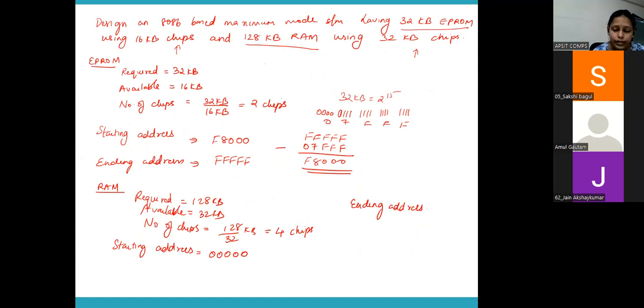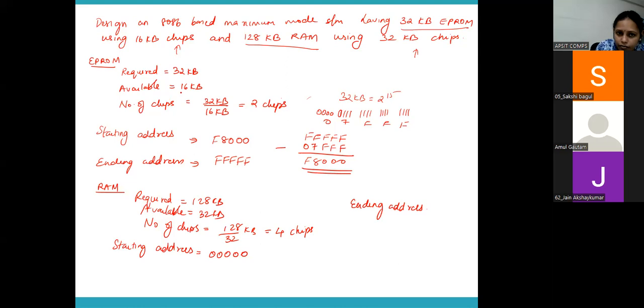Now the next thing that you have to do is find out the number of address lines required for EEPROM and RAM. We'll begin with EEPROM. What is the number of address lines required for a single EEPROM chip? Requirement is 32 KB, but we are not going to implement that using 32 KB because we don't have a 32 KB chip available.